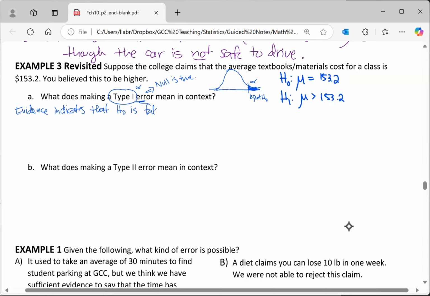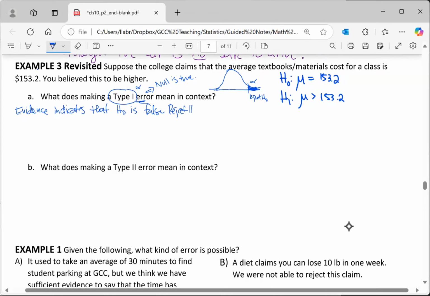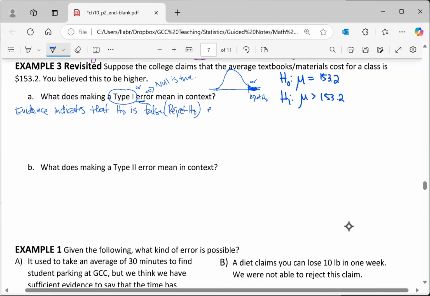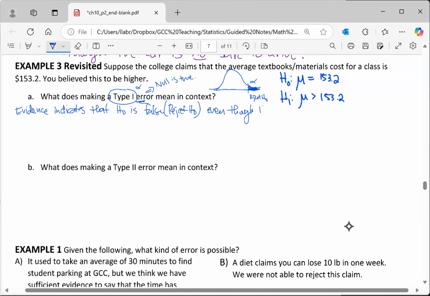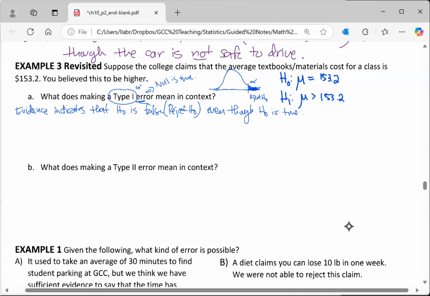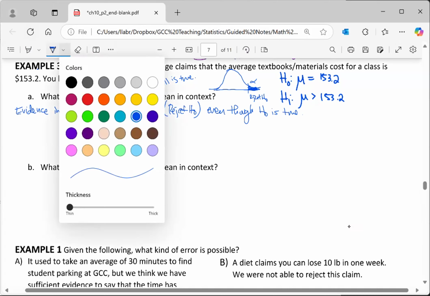In other words, we want to reject the null, even though H0 is actually true. So that's the main idea for what a type 1 error is.